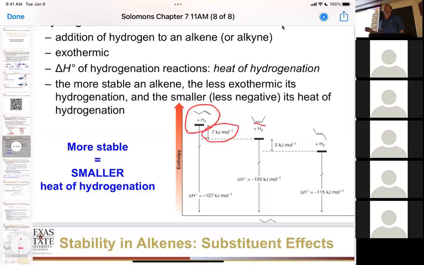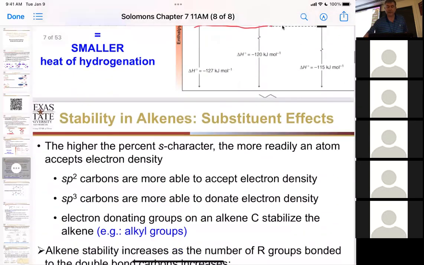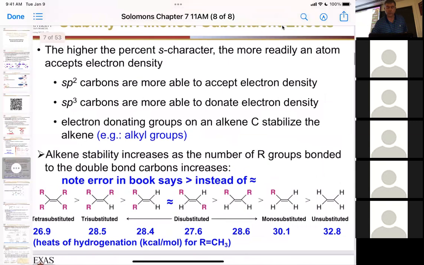The internal double bond was more stable. And if we go to the E or opposite right here, it gives off even less, 12 kcals per mole less than the terminal alkene. So by measuring the differences in these heats of hydrogenation, we get a stability ranking of which things are more stable. Using this kind of data, we found out some really cool stuff.